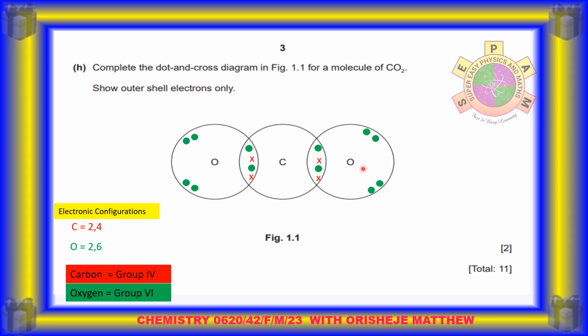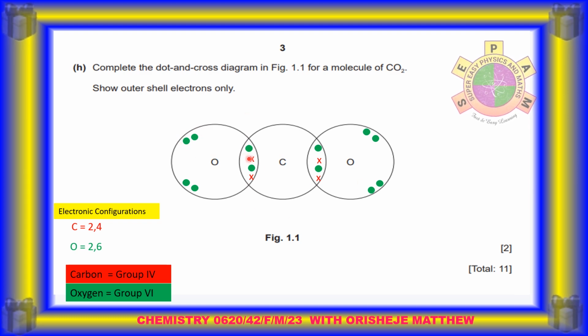If you look at the oxygen, oxygen has 6 in the outermost shell, and this one also has 6. So now you have shared. Each oxygen atom is going to share 2 electrons with the carbon. Eventually carbon has 1 2 3 4 5 6 7 8, so it is stable. Then each oxygen has 1 2 3 4 5 6 7 8, so it is stable.